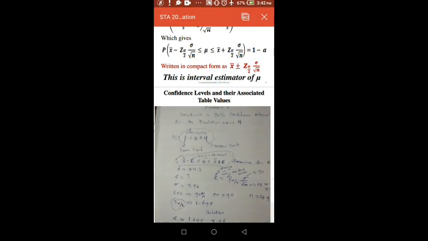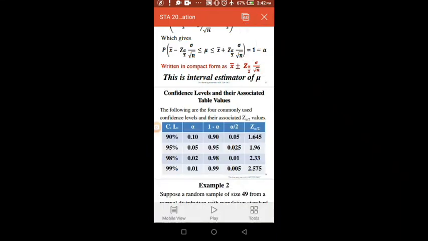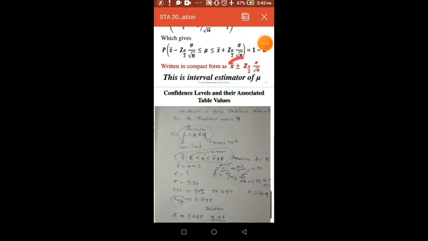Okay, now I'll explain something to you guys. Normally they provide us the formula in this PDF, but this formula is the combination of this formula and the margin of error.